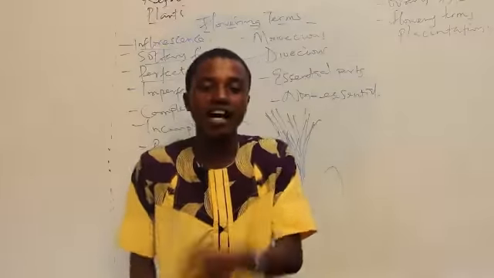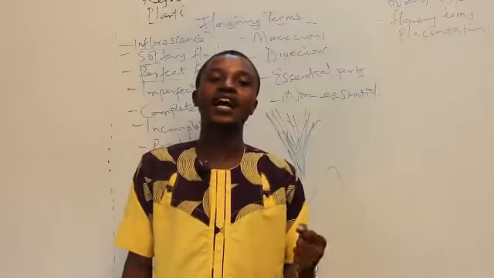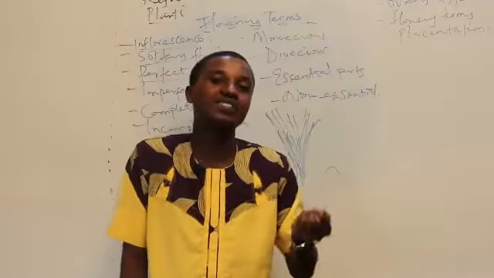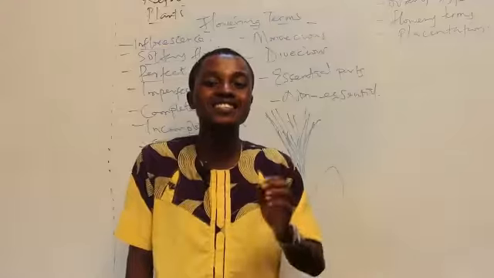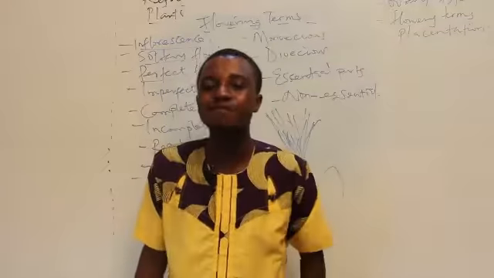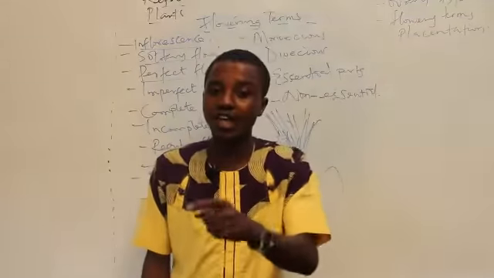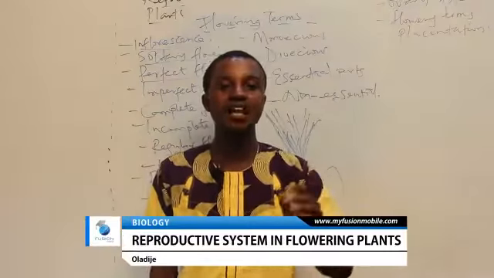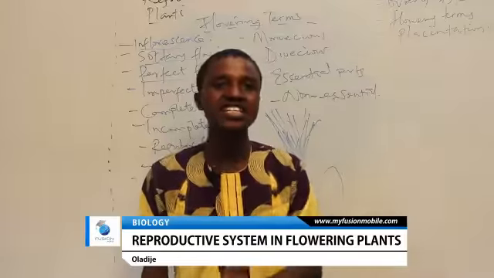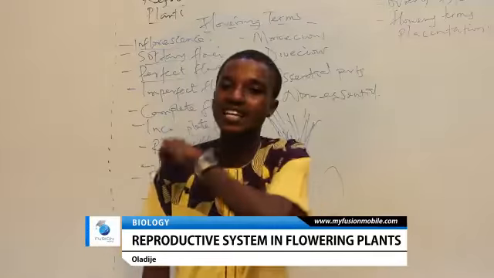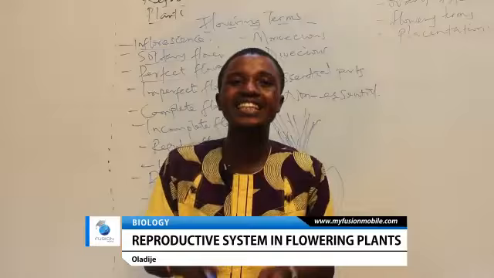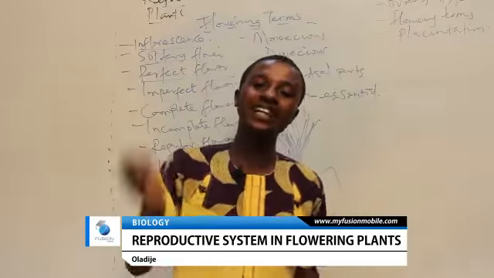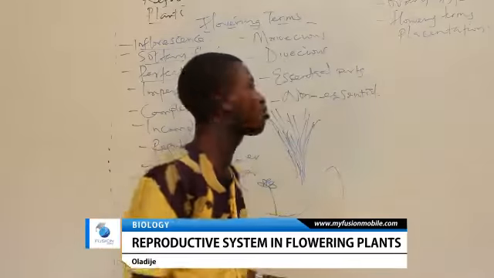When somebody sees a flower and notices that it has the male part and the female part, you can safely say that flower is perfect. Don't forget, I said earlier that when they say a flower is staminate, it means the flower is male, and when they say a flower is pistillate, it means the flower is female. So in this case, I will have both the stamen and the pistil. So a flower having both the stamen and the pistil is called what?